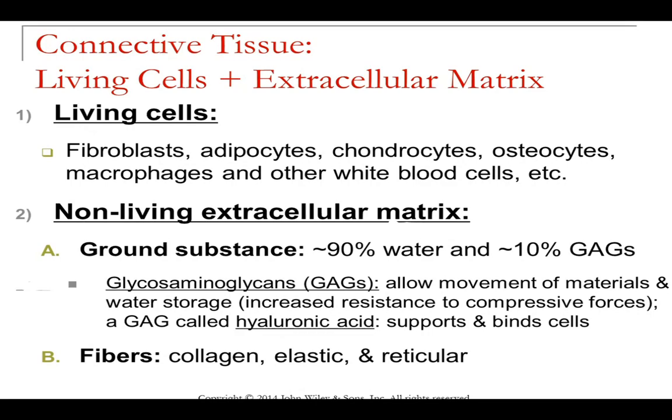Some leukocytes, again, leukocytes is the correct term for white blood cell. Sometimes these leukocytes migrate from the blood to connective tissue, and so they can be seen in some tissue preps. So those are the living cells, and again, they won't be in clusters, but we'll still be able to identify them because they will have a nucleus.